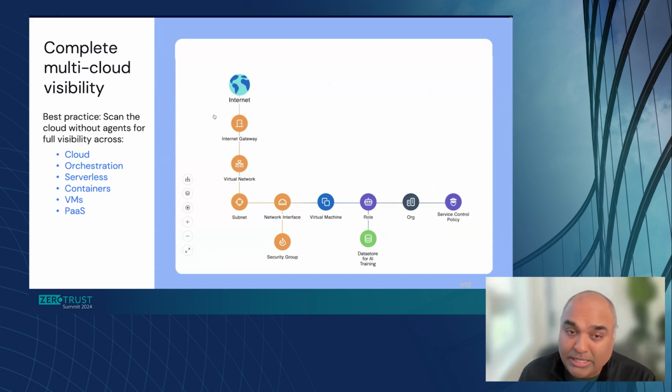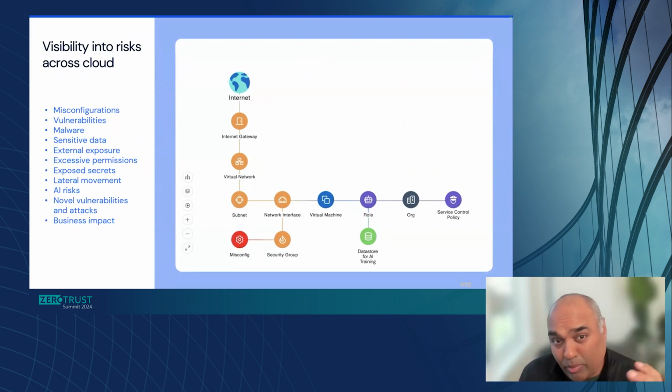So you need to be able to understand the identities, the network configuration, the data that's associated with those workloads, or the organizational controls that are associated with that workload, and get a complete overview of what's going on. But very importantly, you need to be able to gain this visibility without the traditional overhead of deploying agents in the cloud. You need to gain this full visibility in a cloud native approach.